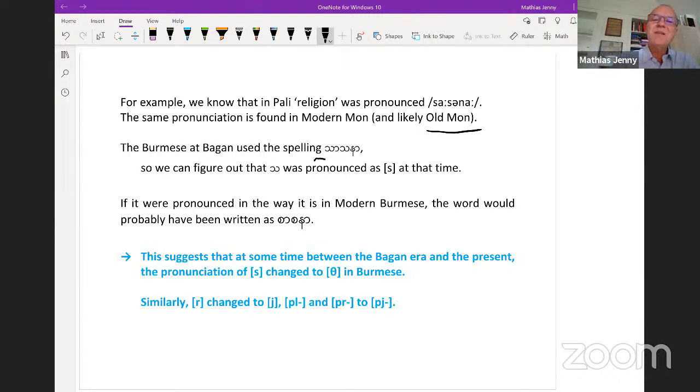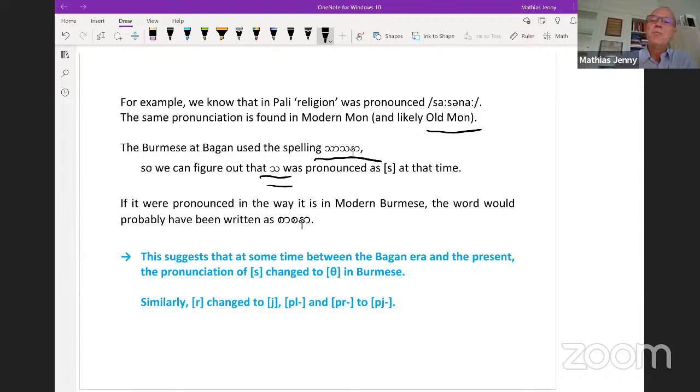Now, the Burmese at the time in Bagan used the spelling which today is pronounced dadana. But as they write it like this, we can be pretty sure that what today's ta was actually pronounced as sa in Bagan.